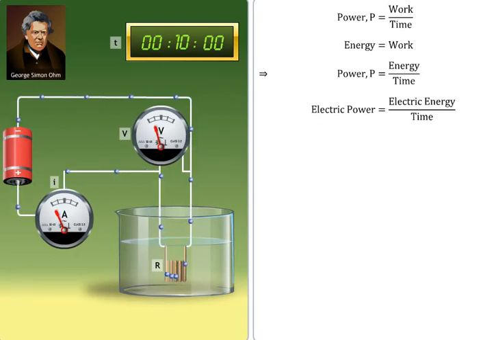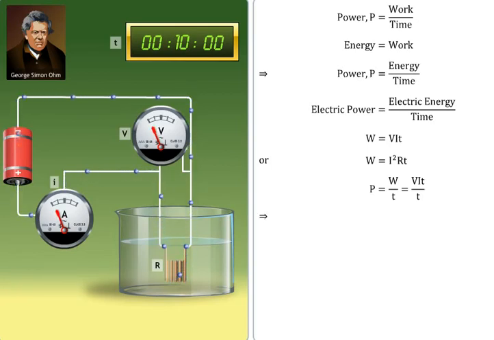We have seen earlier that electrical energy is expressed as W = VIT, or W = I²RT. Hence, electric power can be expressed as P = VIT/T.